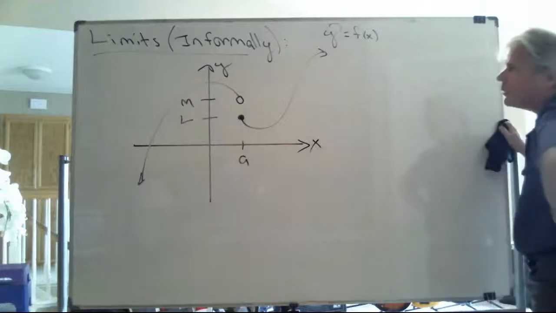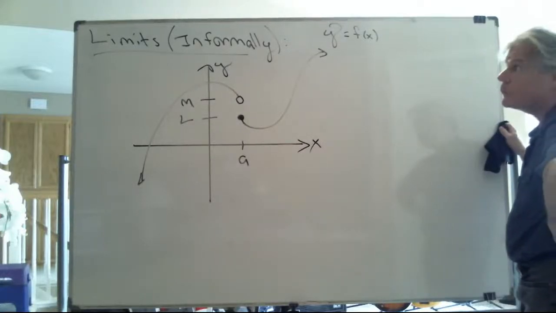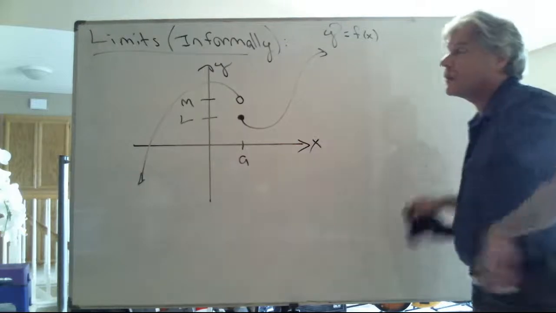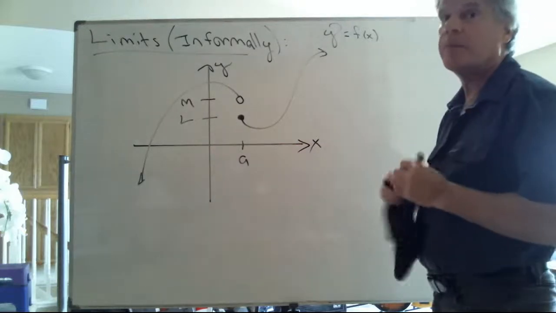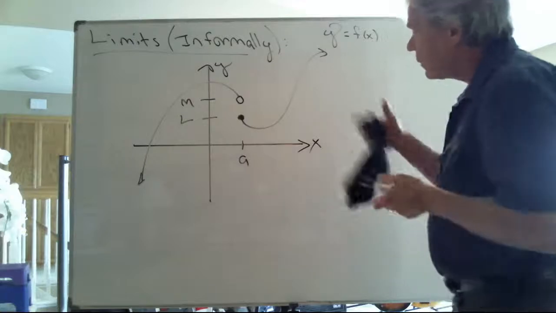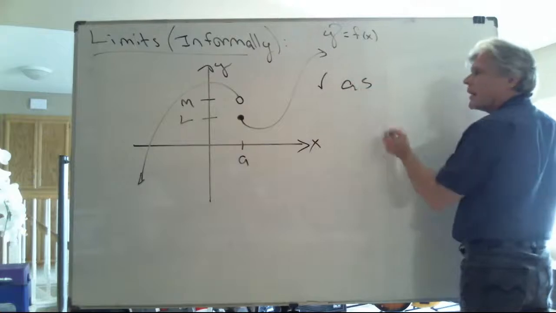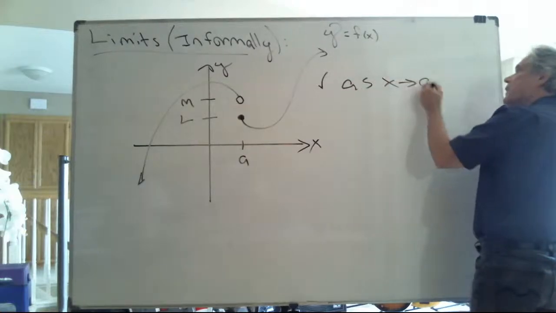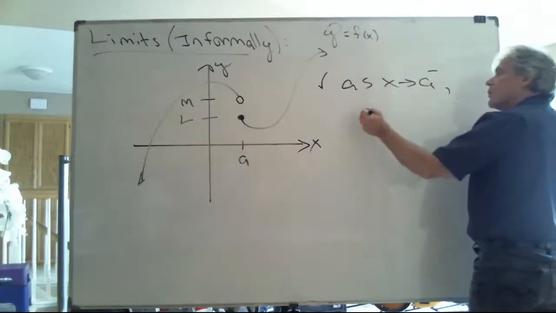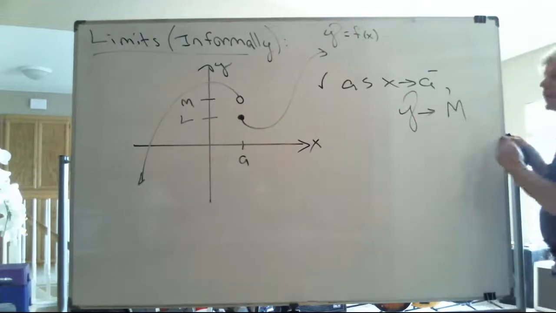So I want to introduce the discussion of limits, but this is going to be an informal discussion of limits. I will not introduce quite yet my precise definition of a limit. Now, according to my pretty picture, is it not true that as x approaches a from the left-hand side, the corresponding y values approach that numerical value I labeled m?